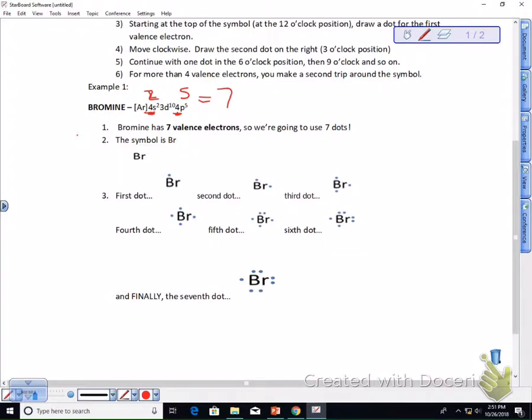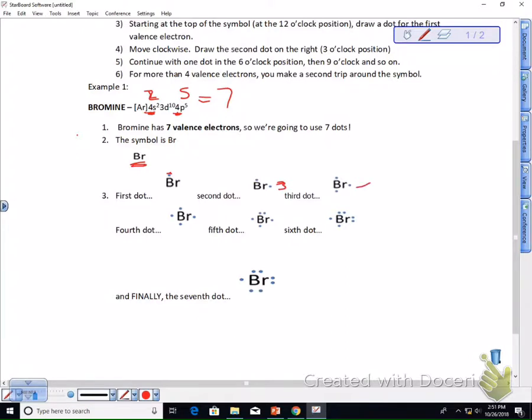In the example we have, now that we know we need to put 7 dots in, we begin by putting the Br symbol. And then this is representing that 12 o'clock position that I told you about. That's our first valence electron. The second dot goes in the 3 o'clock position, and then the 6 o'clock position.